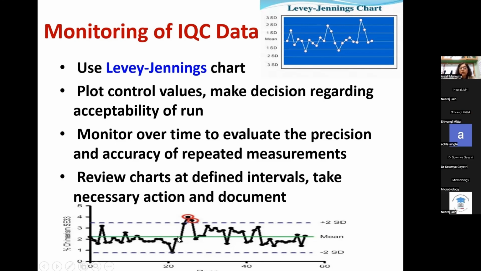And then it's shifting and going up here slowly, slowly. So this was the time to pick it up and catch what is the error. Has anything changed around this time? So it is very important that we review charts at defined intervals, take the necessary action, document the action here, and prevent a situation like this from happening.